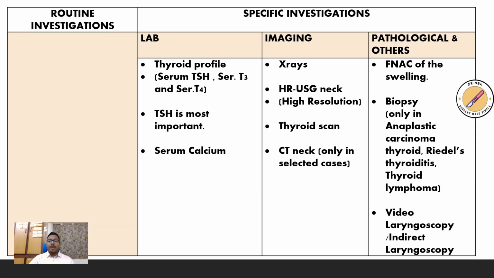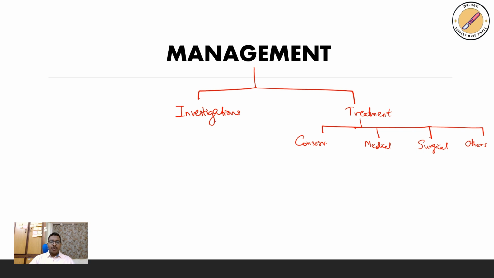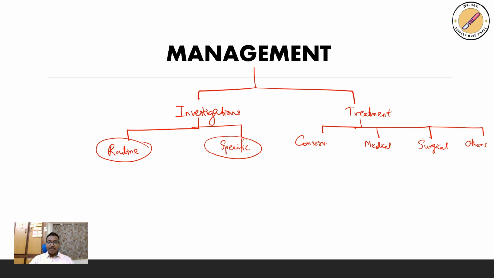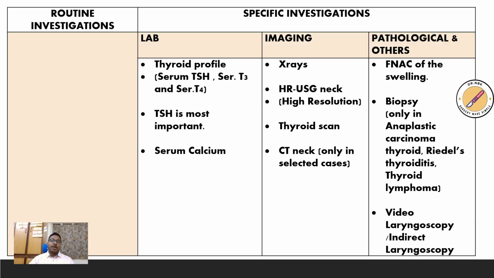Whenever we are talking about investigations, you need to understand there are two types of investigations. One is routine investigations, second one is specific investigations. Routine investigations are done for each and every inpatient for any major case. I have given an example here for a thyroid case.